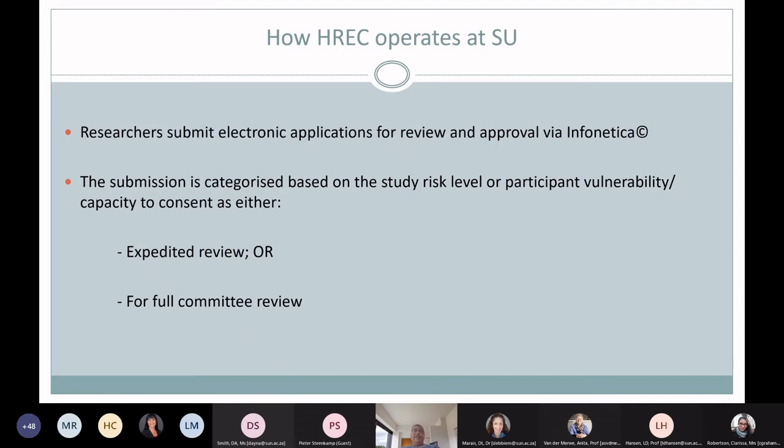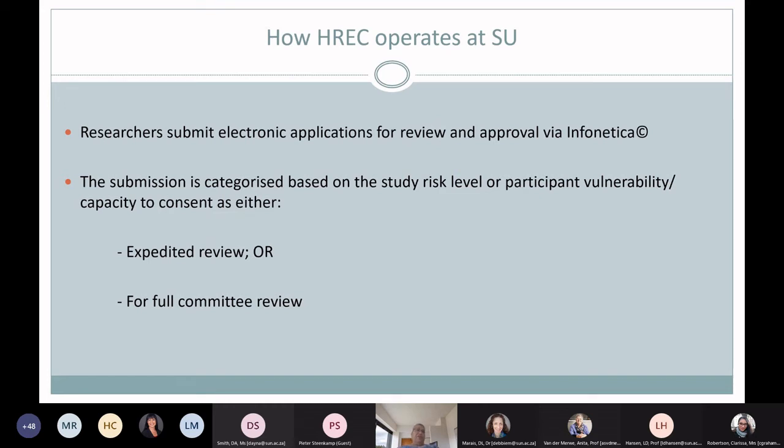As Debbie mentioned, it is an electronic application system, and this submission is then categorized based on study risk levels, and that is based on participant vulnerability or capacity. So you would either be in the expedited review part of the process, or your submission would go for full committee review.